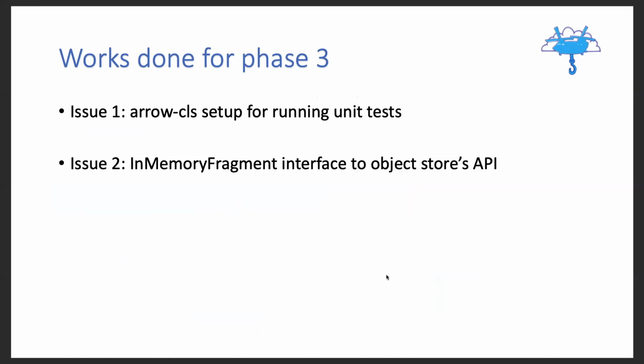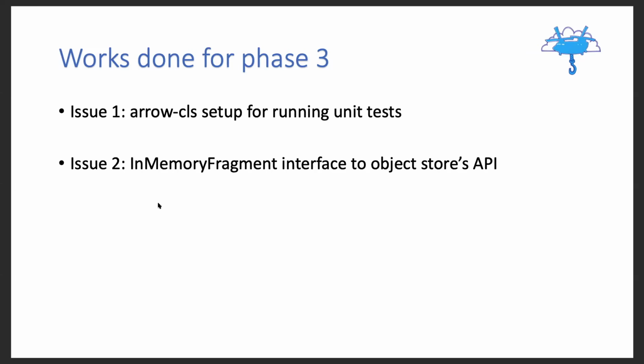are two things. The first is to set up the Arrow CI for running unit tests. I included and linked the libraries for the Arrow dataset API and also the compute API. So I set up the running test environment, and also the environment for the dataset API and integrating it with Skyhook.